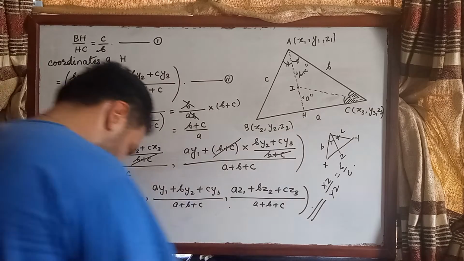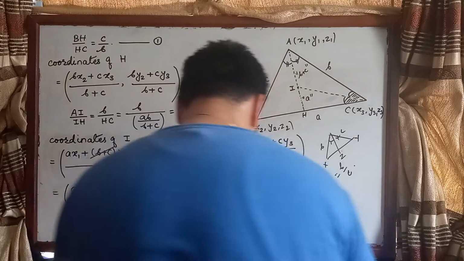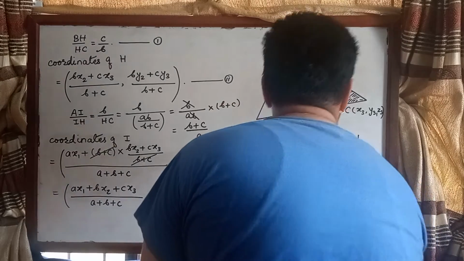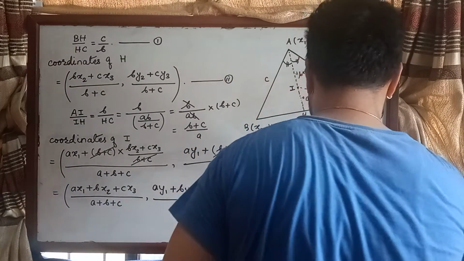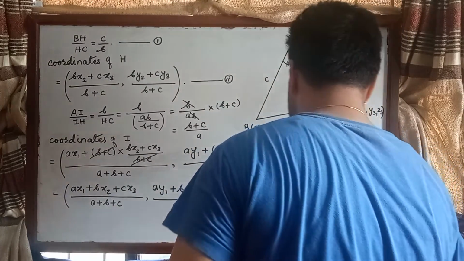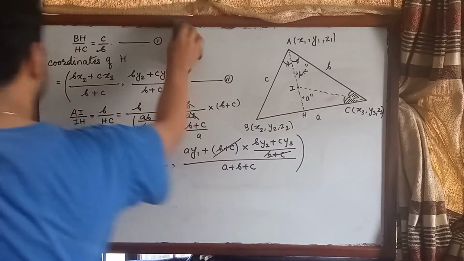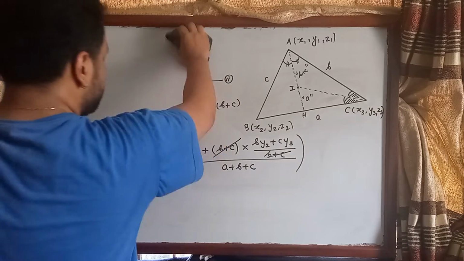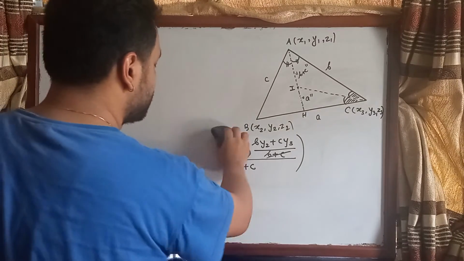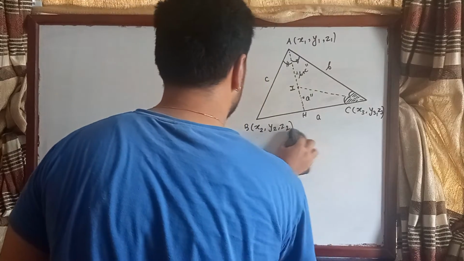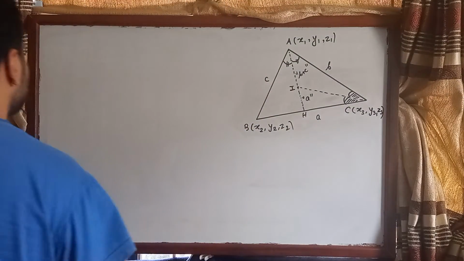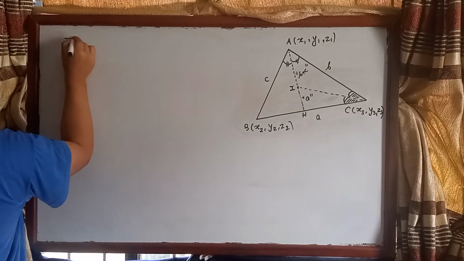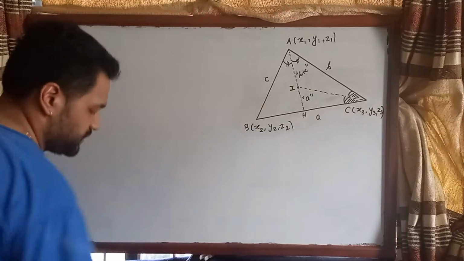And finally, in terms of position vectors, we can see that the position vector of incenter OI, I'll just write it in 2 dimensions, okay?